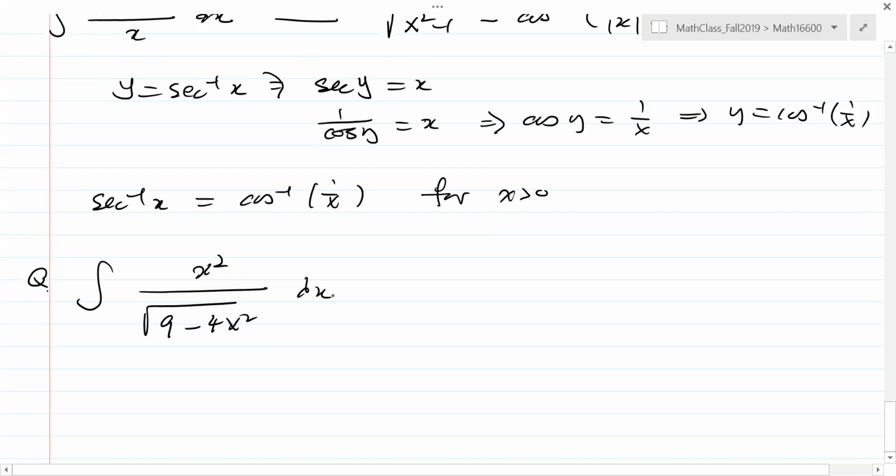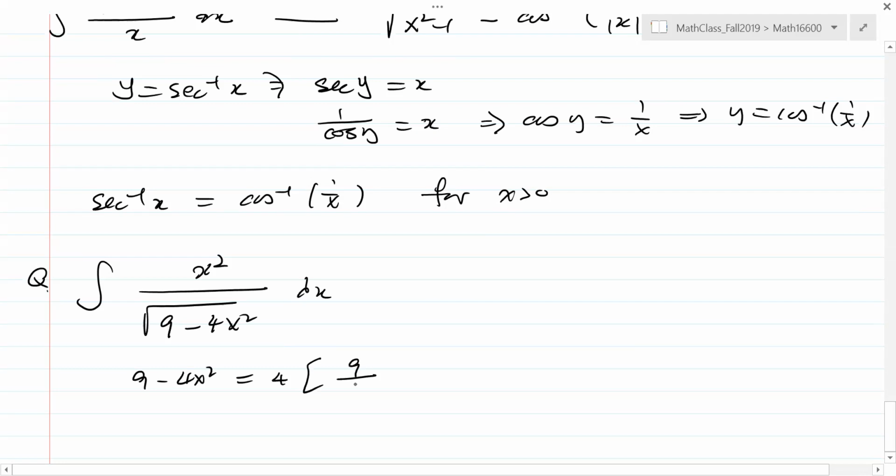First thing you have to do is to use a substitution to simplify. It's square root of 9 minus 4x squared. I want to write it as 1 minus u squared. So the substitution you can choose is, look at the 9 minus 4x squared. I take a 4 out, right?